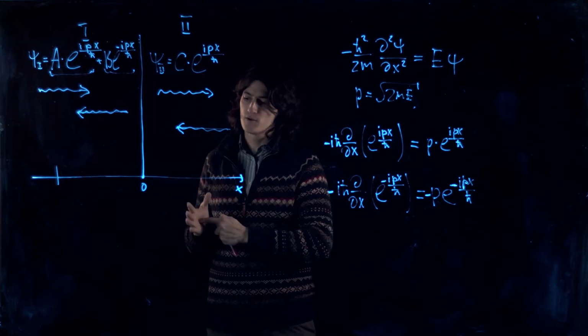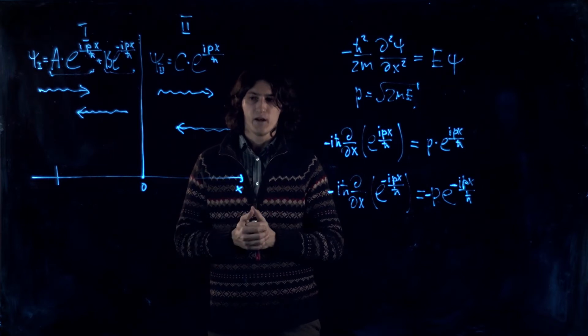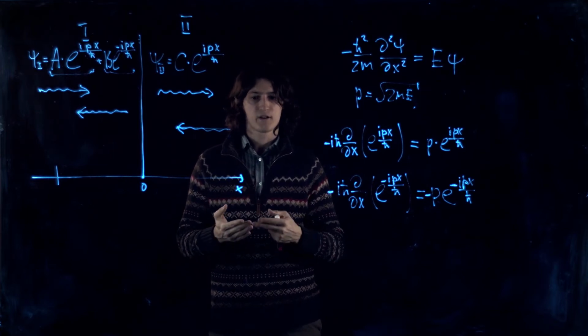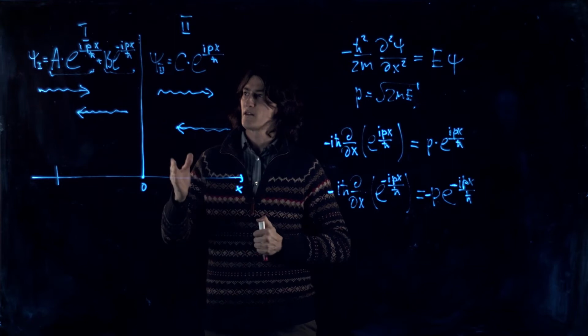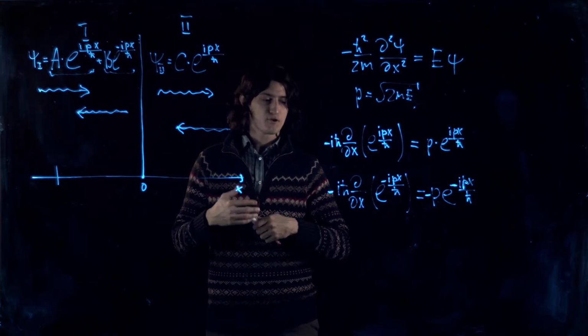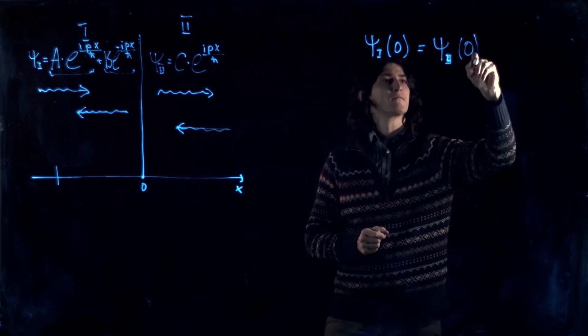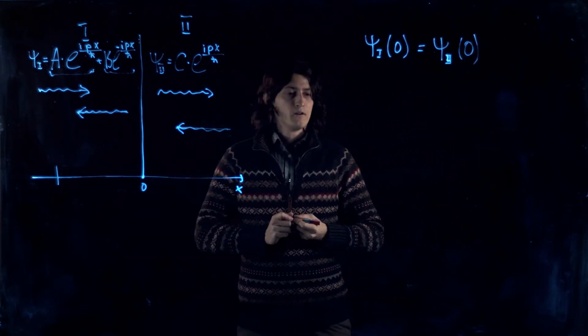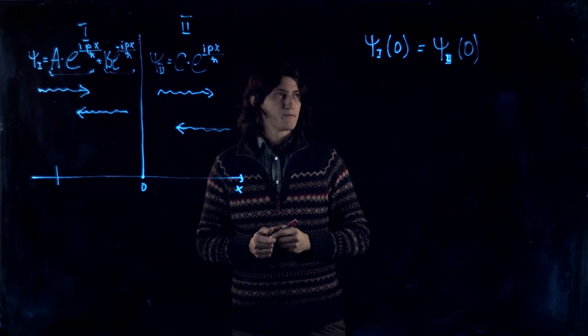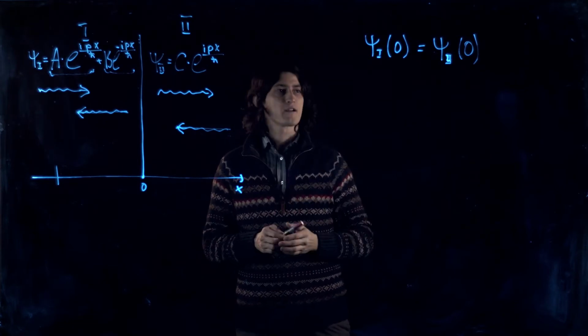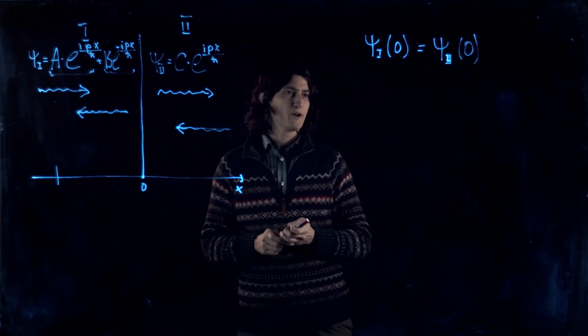Next, what we need to do is to join them. You already know the first joining condition is that the wave function should be continuous everywhere. What is the second joining condition? The second joining condition can be found from the Schrödinger equation.